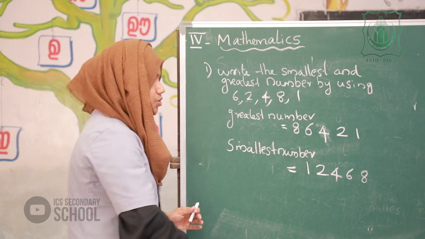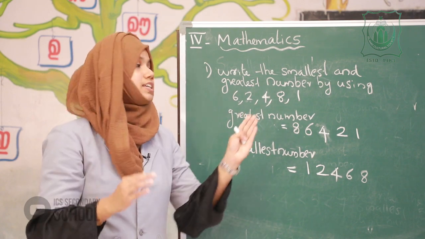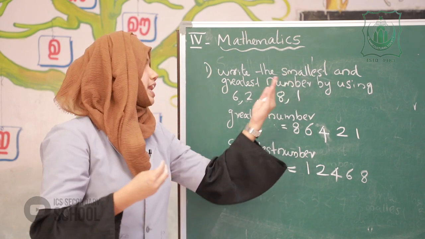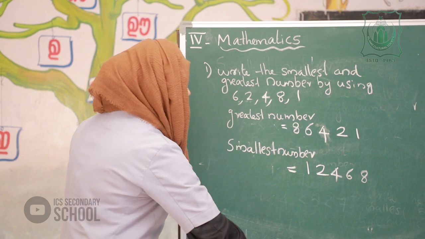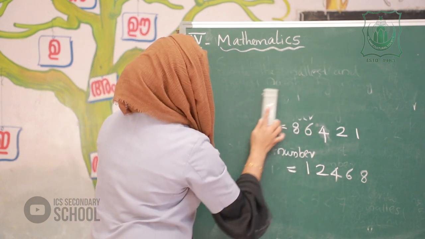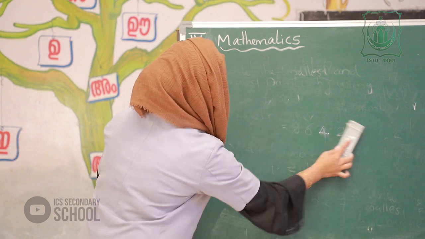Okay, very good. So you had to understand what the greatest number is, how to form the greatest number, and how to form the smallest number. Okay, very good. So move on to the next topic.